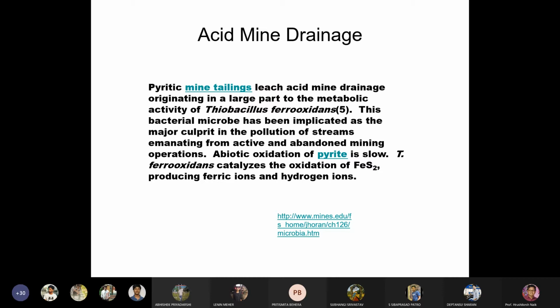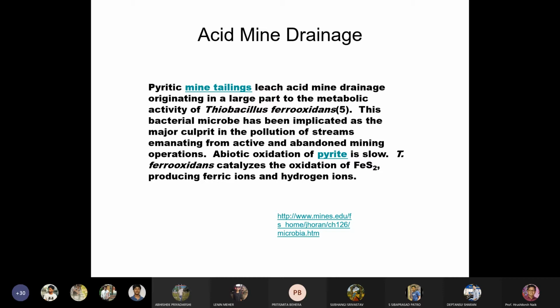This bacterial microbe has been implicated as a major culprit in the pollution of streams emanating from active and abandoned mining operations. Abiotic oxidation of pyrite is slow. So this peroxidant catalyzes the oxidation of FeS2, which is pyrite, producing ferric ions and hydrogen ions.